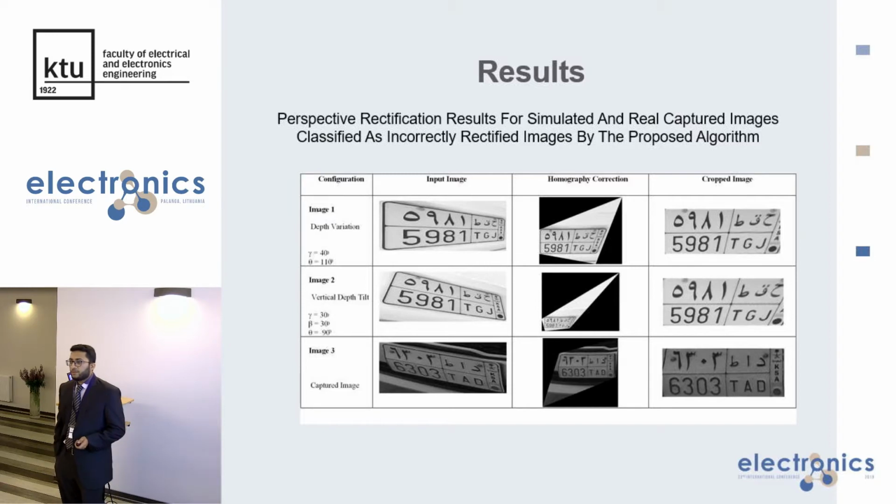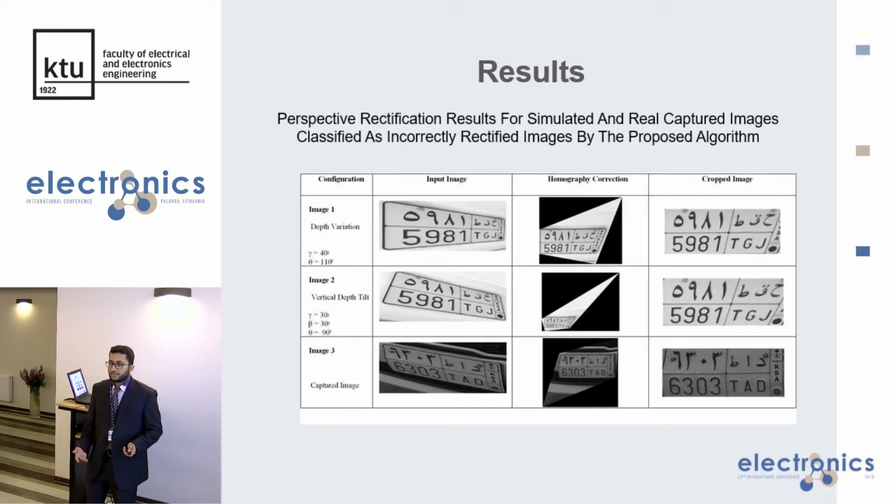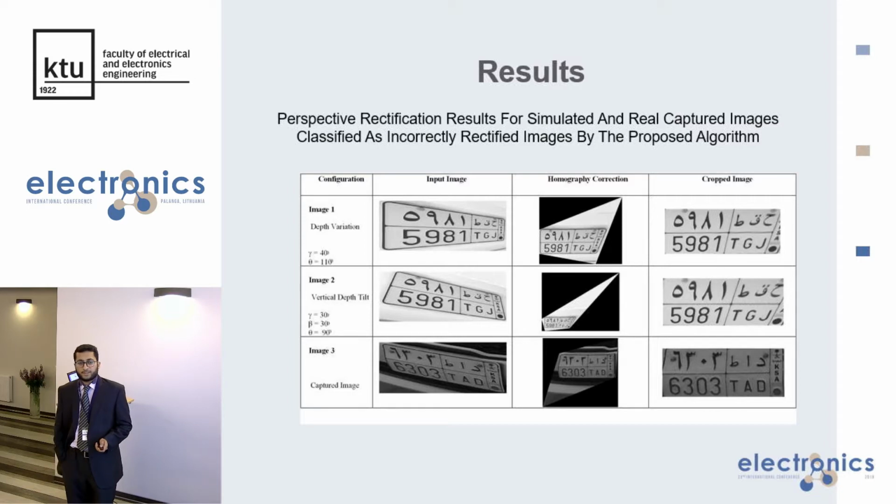When we perform the morphological operations, the edges were truncated, and this results in a false slope, which resulted in one or two false corner points. Even though we can easily recognize the characters on the license plate and do the character segmentation, we consider these results as incorrectly rectified images.